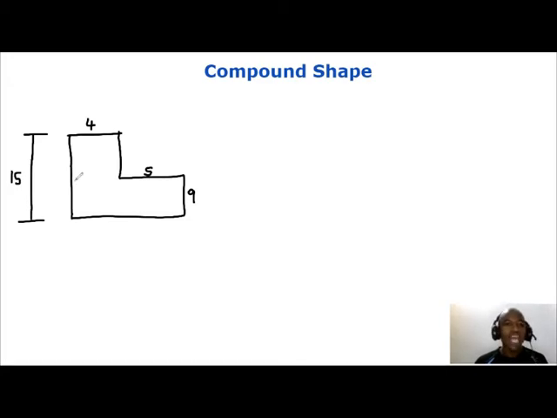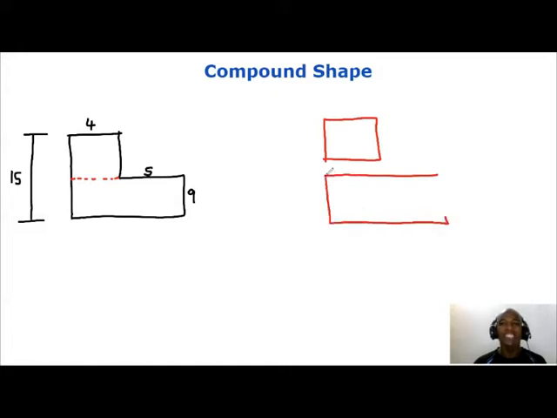You could decide, if you wish, to break it like this. That's one way. If you do that, technically you're creating this shape at the top, and then you're leaving the bottom like this. To find the area, you could find the area of this piece here, which we could label A, and then the area of this piece here, which we could label B. That's one option.